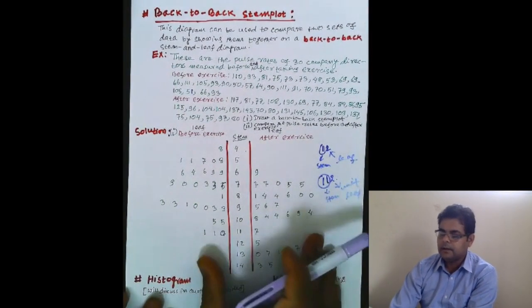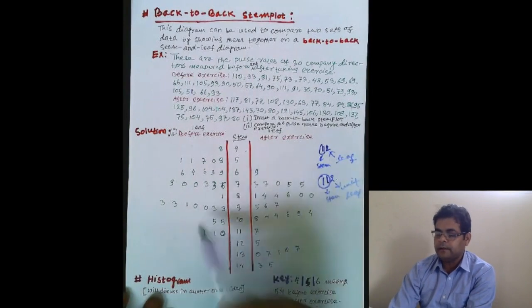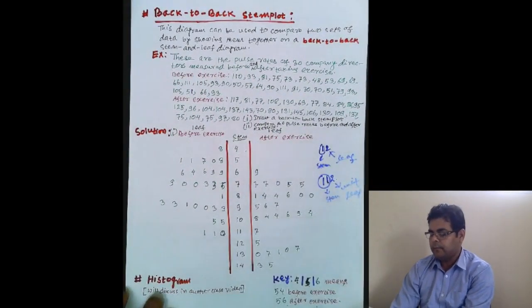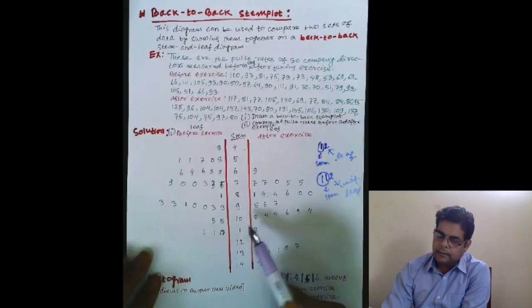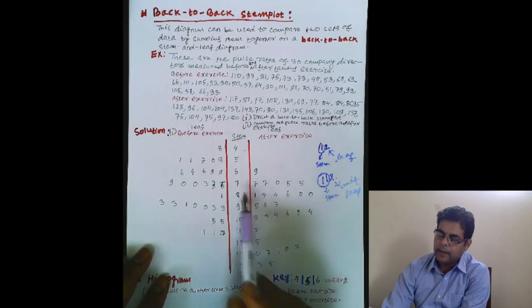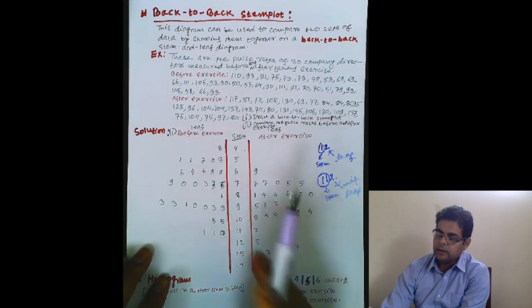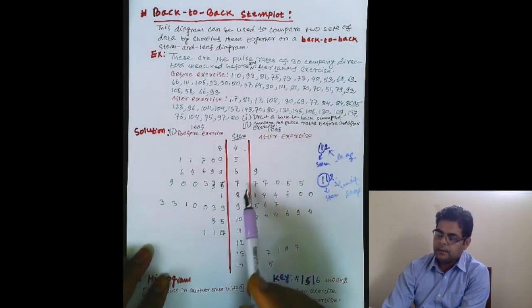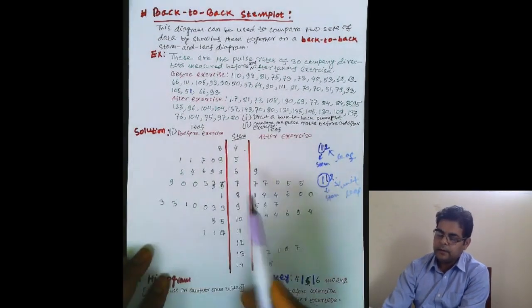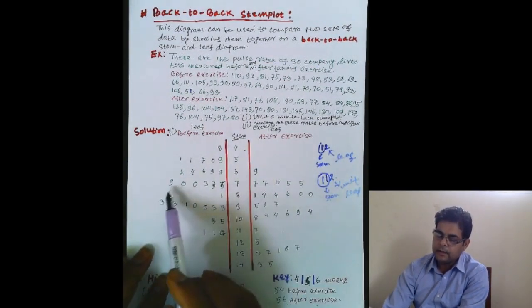and our diagram is like this. So this is only the rough idea of the back-to-back stem plot. This is not the final diagram. So in order to draw the final diagram, we have to do only one extra job here, like we arrange these numbers in ascending order. So for this part, from left to right, it should be in ascending order, and on the left, it should be from right to left in ascending order.